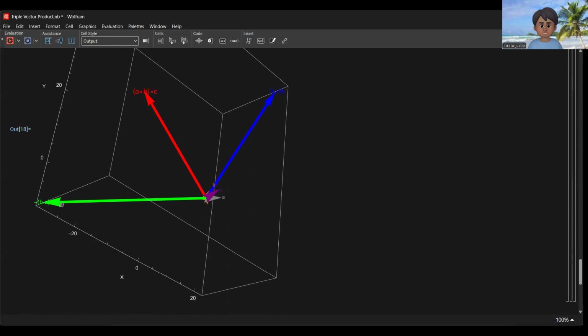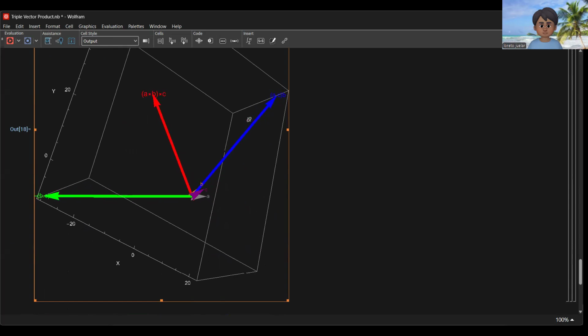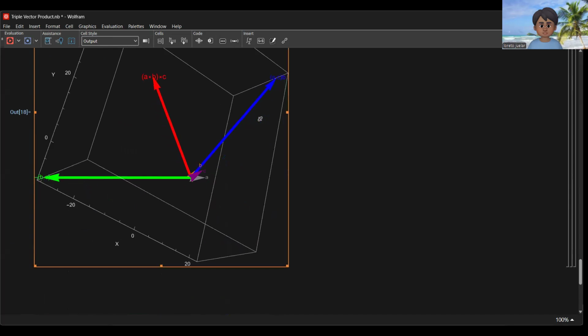Now we have this one, the dot product of A and C times vector B. This is the result here, the vector.